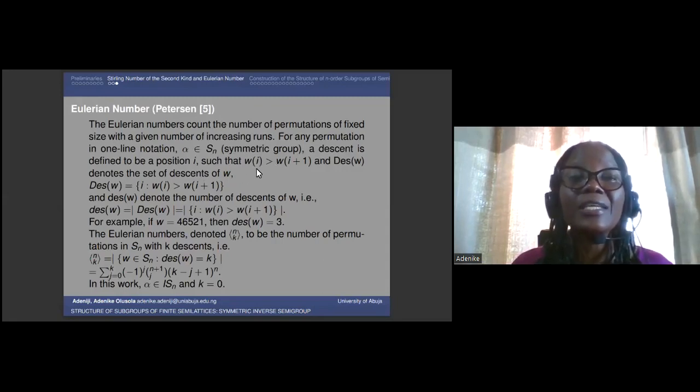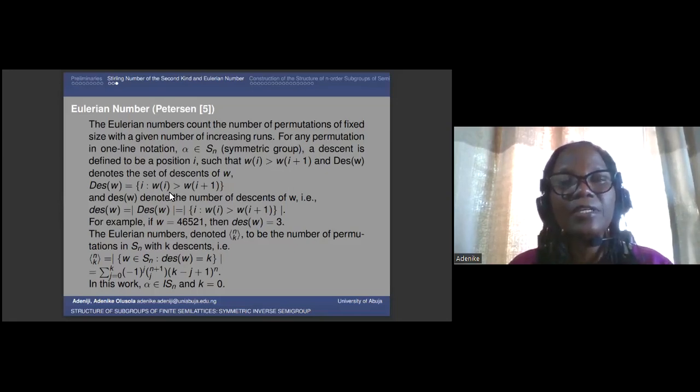This is talking about the position of each point in the one-line notation. If you look at the numbers in the positions, if the image preceding is greater than the one after, we say that it's a descent and we count it.